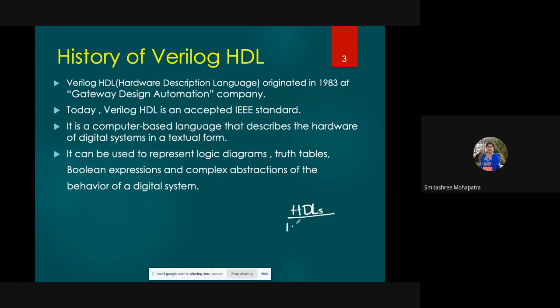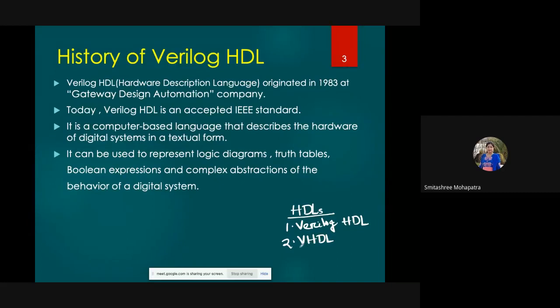One is Verilog HDL, whatever is there in your syllabus, and another one is VHDL.